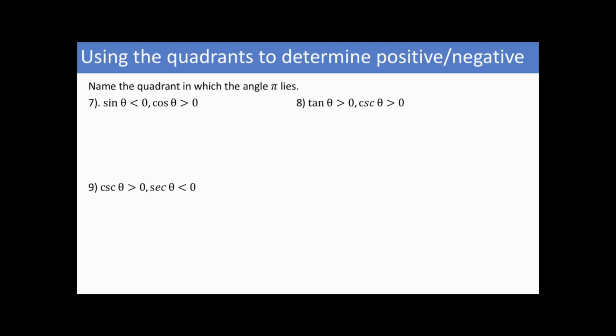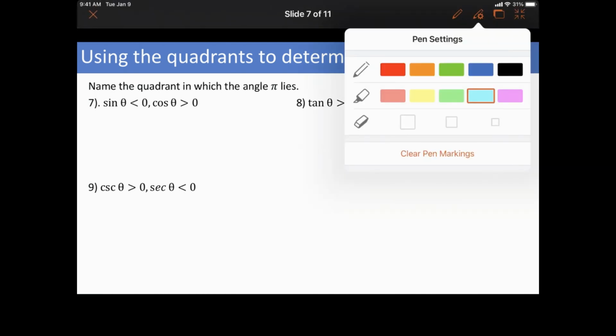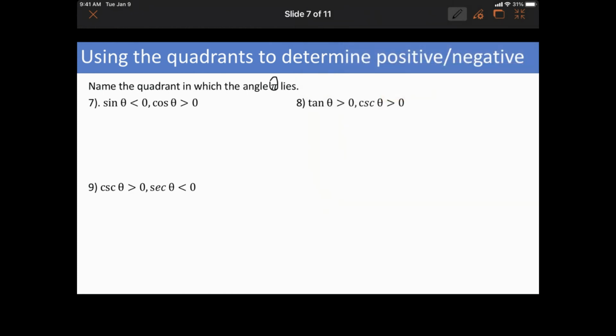So name the quadrant in which the angle theta lies. Ooh, that shouldn't be a pi, sorry. I typed in the wrong thing. Okay. So the angle here lies. Now there's no number, but what does it tell us? And this is where it's important that with all students take calculus, you can figure out whether it's positive or negative in the quadrant if you know the signs of 2 of the trig ratios.